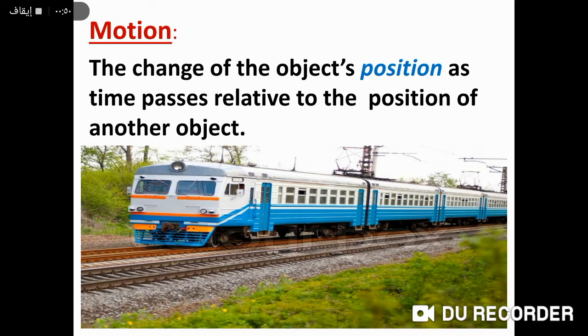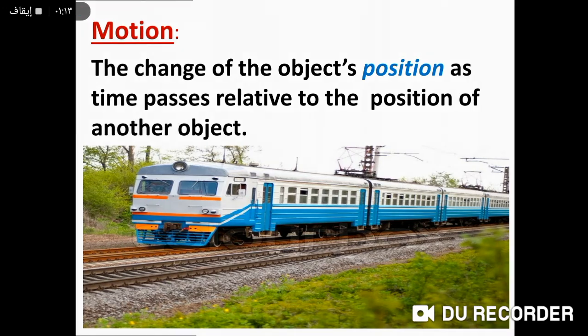If the train stops in its position as time passes, we say that this train is in a state of rest, not motion. So the definition of motion is the change of an object's position as time passes relative to the position of another object.